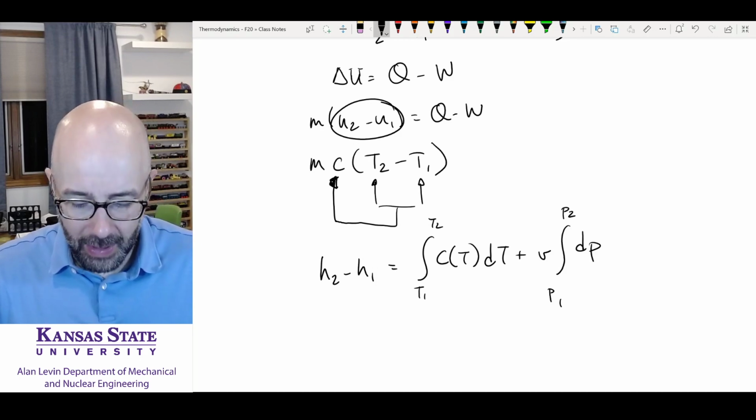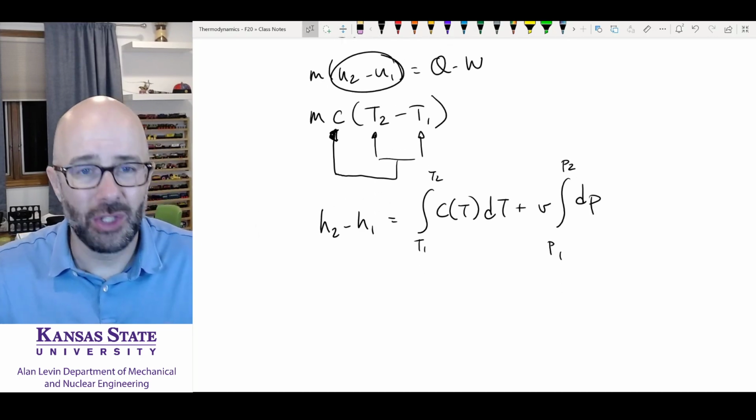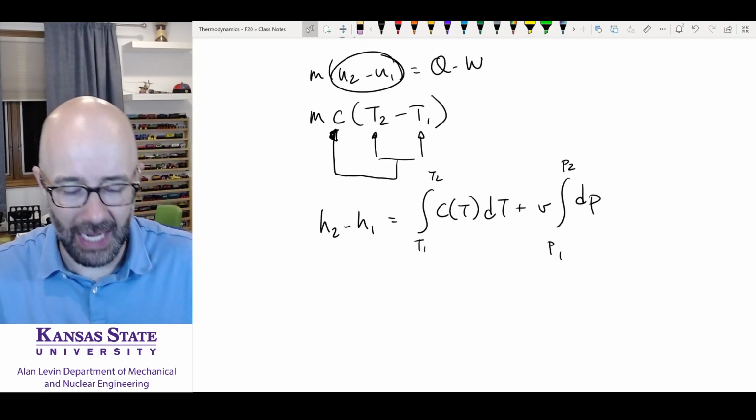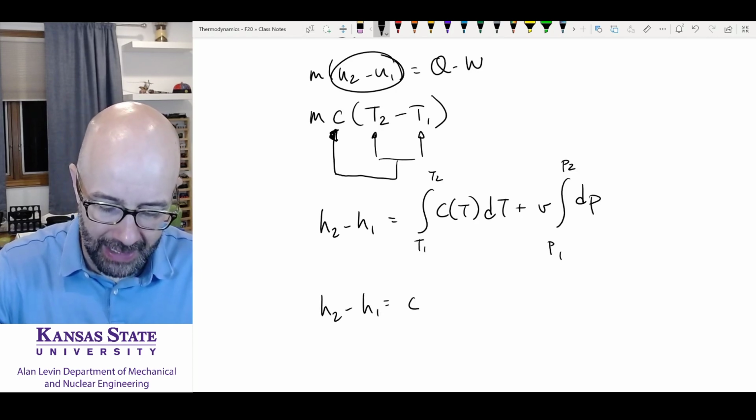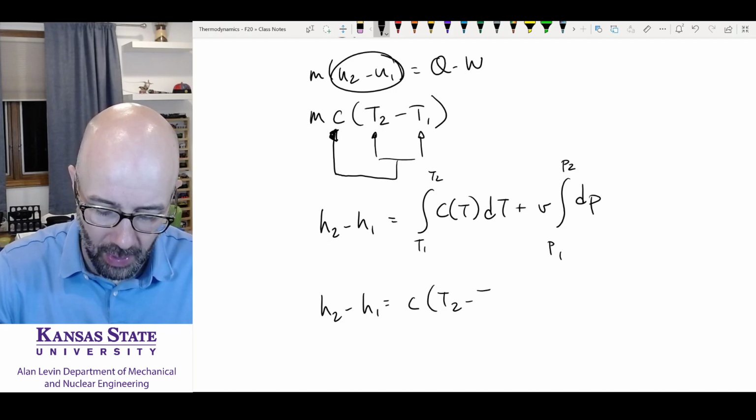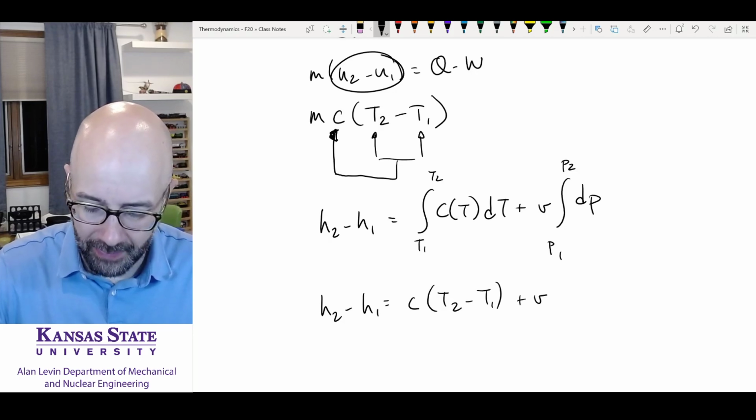And when we expand it out, if we assume constant specific heat, just like we did before, H2 minus H1 is equal to the specific heat times T2 minus T1 plus the specific volume times P2 minus P1.